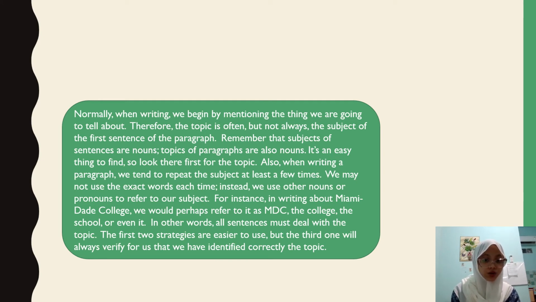In other words, all sentences must deal with the topic. The first two strategies are easier to use, but the third one will always verify for us that we have identified the topic correctly.